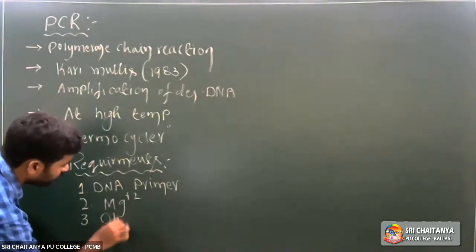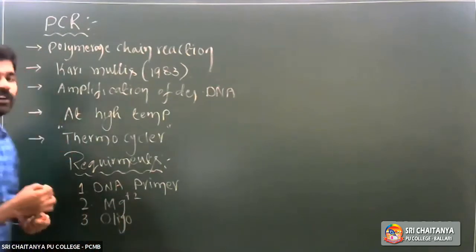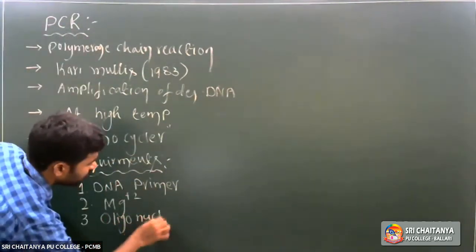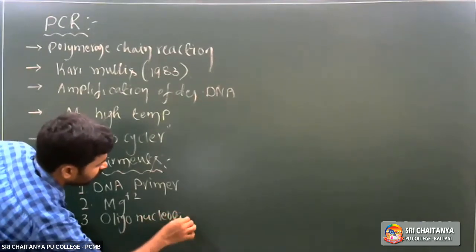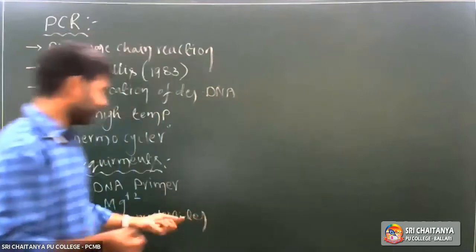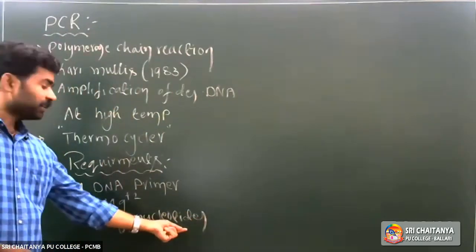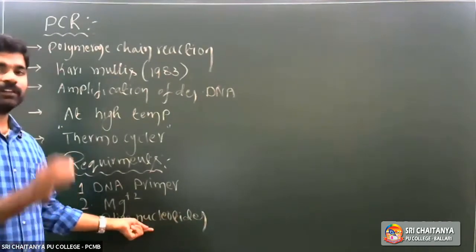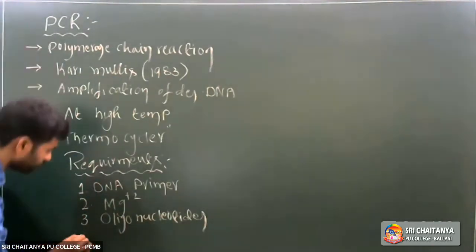Oligonucleotides are nothing but deoxyribonucleotides; within the brackets you have to write deoxyribonucleotides.